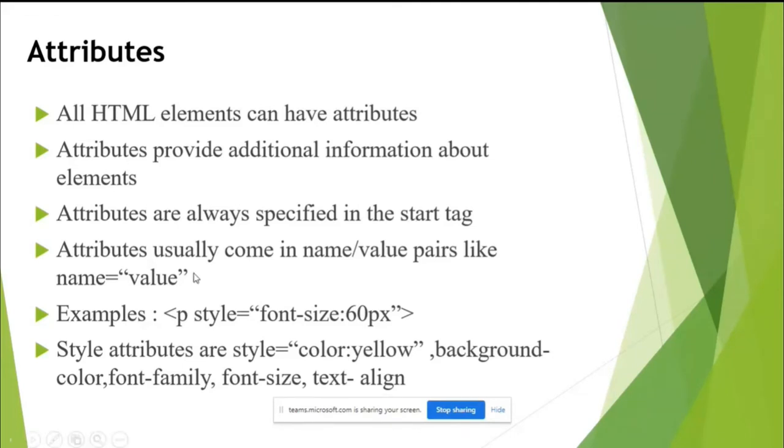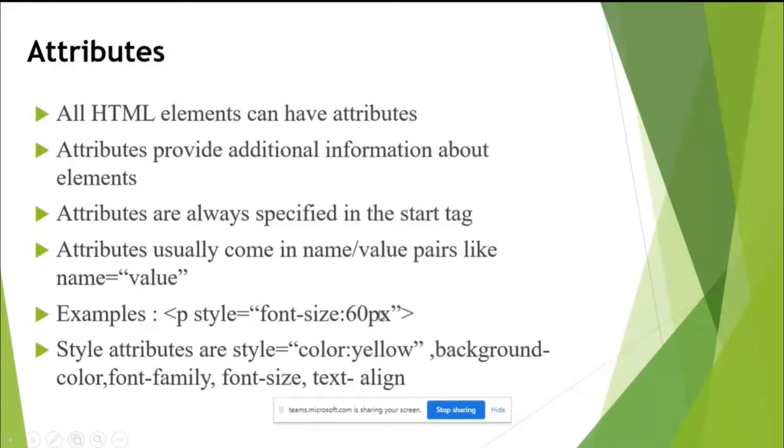Attributes usually come in name/value pairs. We will write the attribute name and we will give a value. It always comes like this. So for example, P is a paragraph tag, style is the attribute. On the paragraph we are increasing the font size, so we are giving a style font size of 60 pixels.